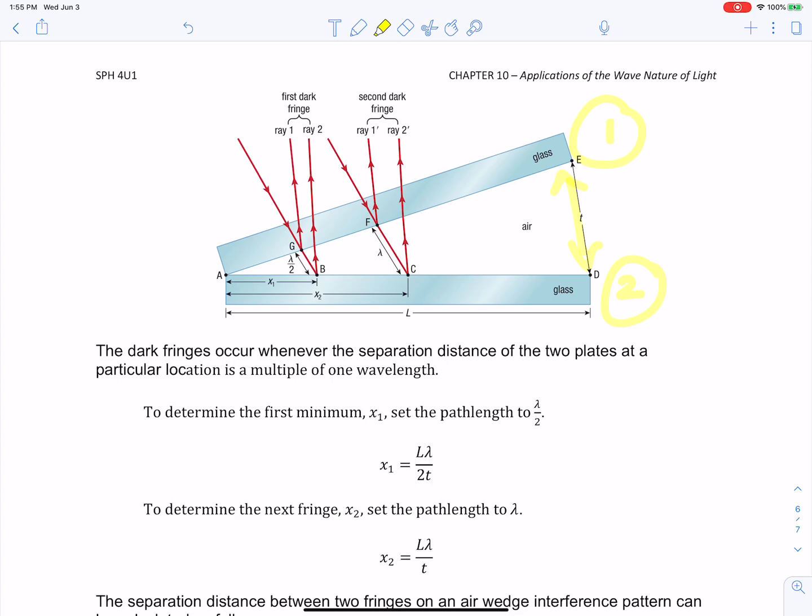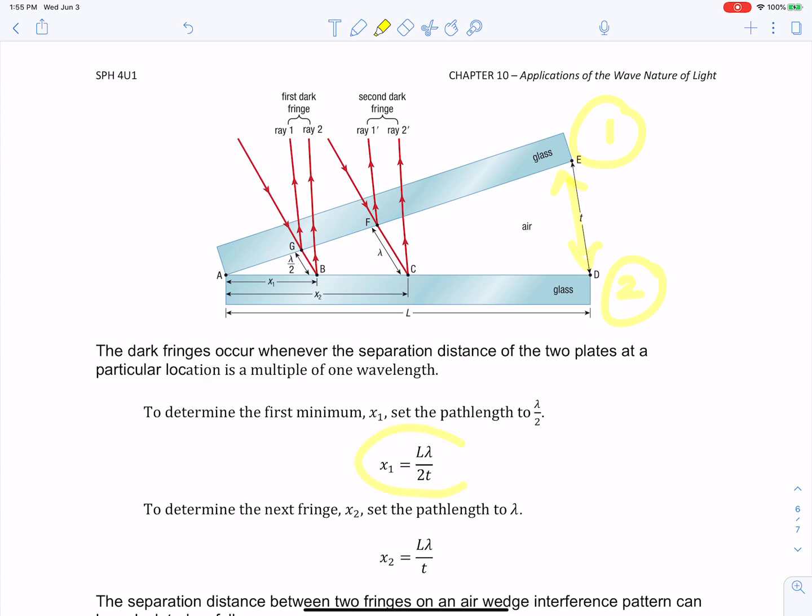The dark fringes occur whenever the separation distance of the 2 plates at a particular location is a multiple of 1 wavelength. To determine the first wavelength, or the first minimum rather, we have to set the path length to lambda over 2. And we know that when we have a path length of lambda over 2, that we get destructive interference.